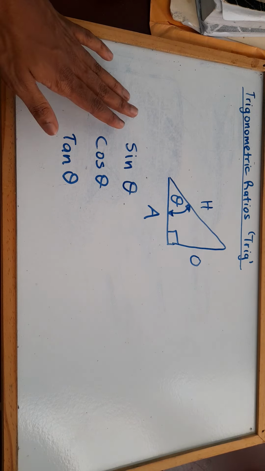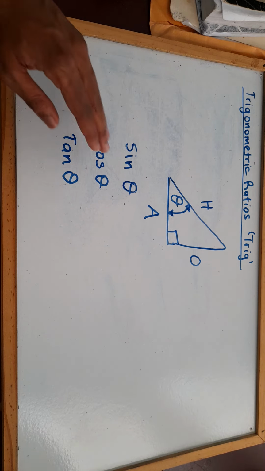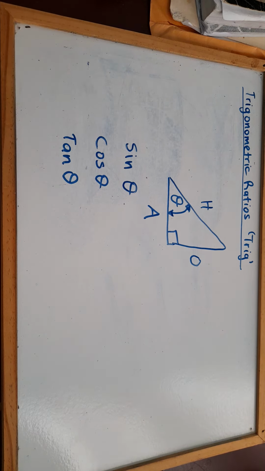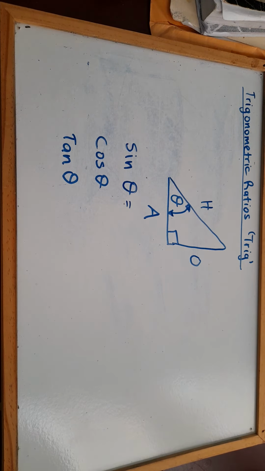Now we establish a relationship between the trig ratios and the sides of a triangle. So we begin with sine theta.